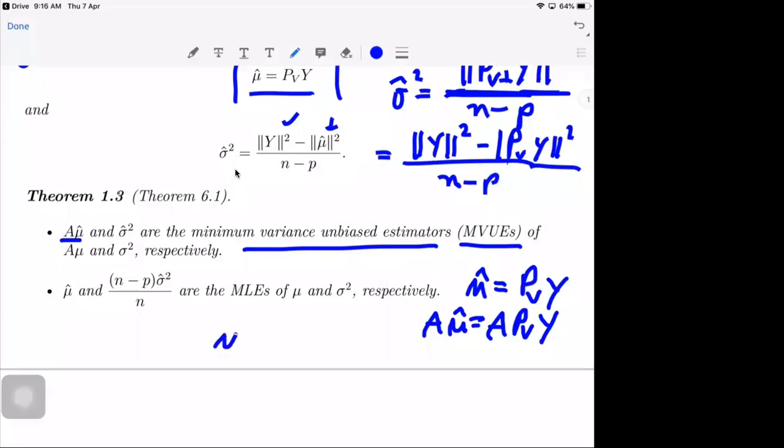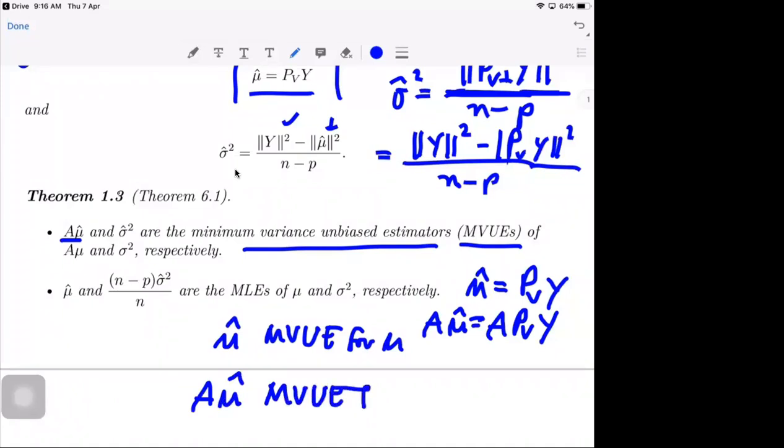So mu hat is the MVUE for mu, and if you do some transformation on mu hat, it is the MVUE for A mu. Okay? This is what this theorem is telling you. There is no transformation for sigma.